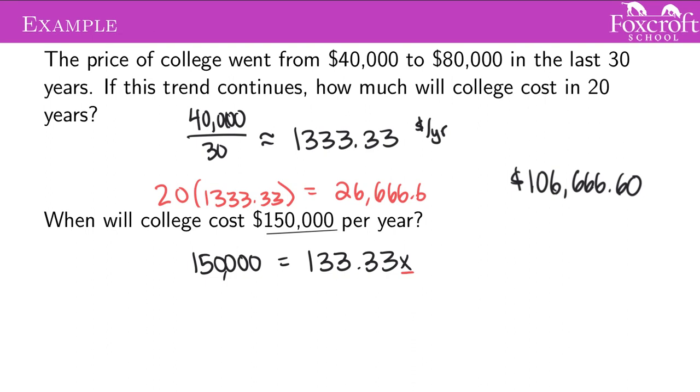But if I just had this equation, that's figure out when the increase would be $150,000. But we know right now college costs $80,000. All right, so this is the equation. College currently costs $80,000. It's increasing by the slope, the average rate of change, that amount, and I actually forgot a 3. And I can use this to figure out when college is going to cost $150,000. So first thing is subtract. I'm going to get 70,000.